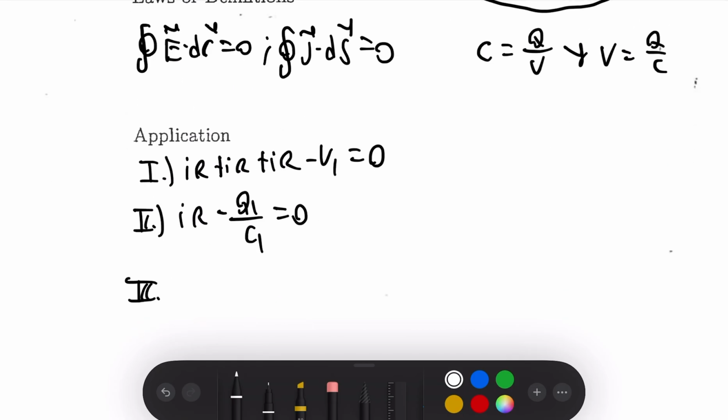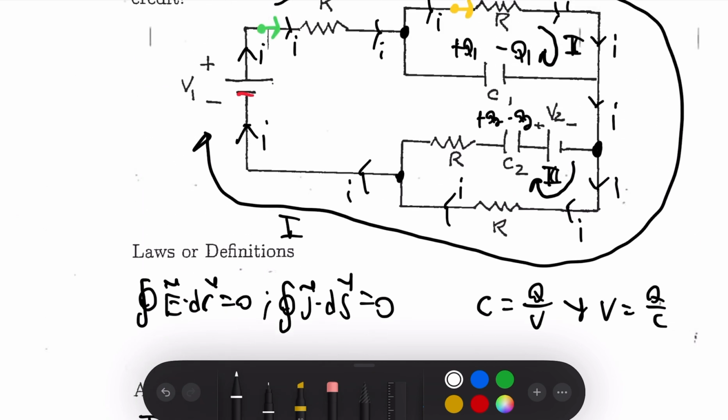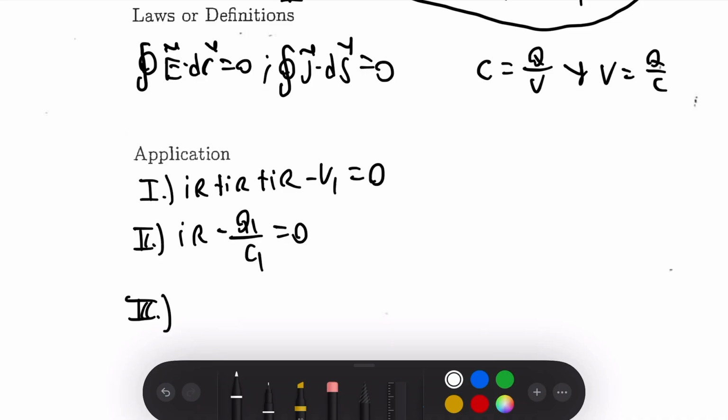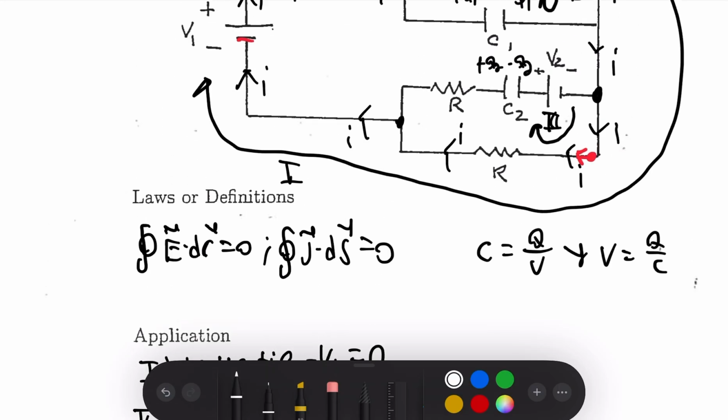Now for the third loop, I will start, let's see what my red dot is. I'm going in this way. So I'm going to the left, current's going to the left. So I have positive IR. I come up and then I get to that resistor. But again, there's no current that's flowing up there because current can't flow through a capacitor.